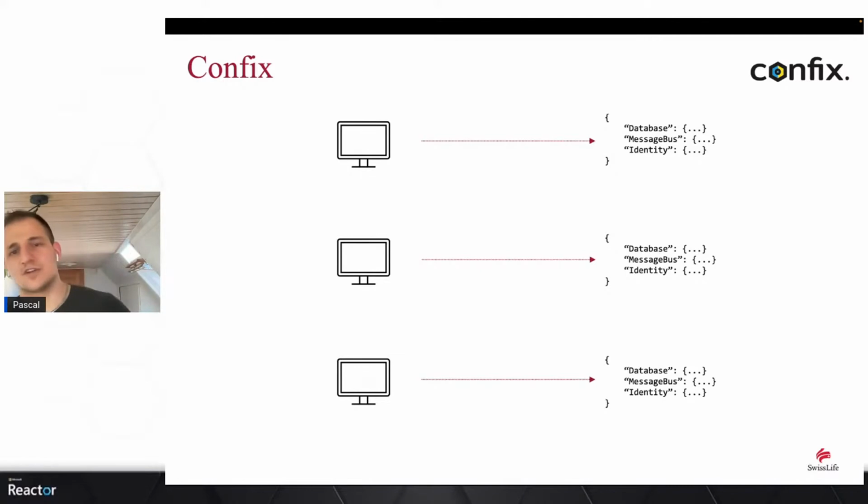You can easily share code between these different applications in a common library and use the configuration provider to access the configuration. This way, you, for example, only have to define once how you connect to a database or how you connect to your identity server. But you end up with a lot of different configuration files in a lot of different places. And if you want to share code, all of these configuration files have to have the same structure, and the structure has to be in sync.